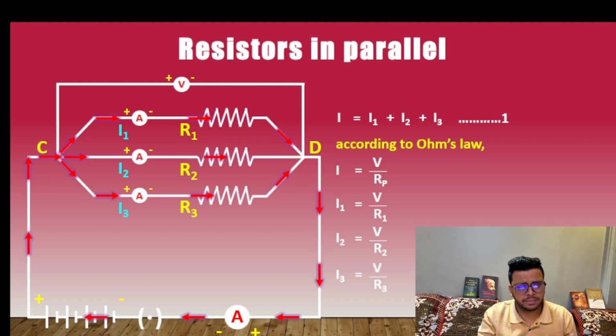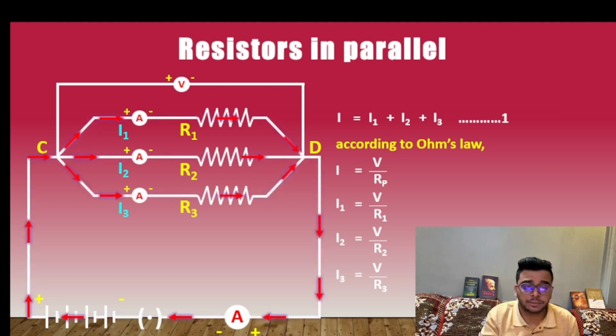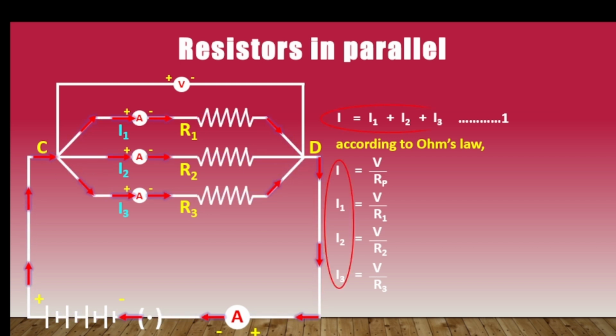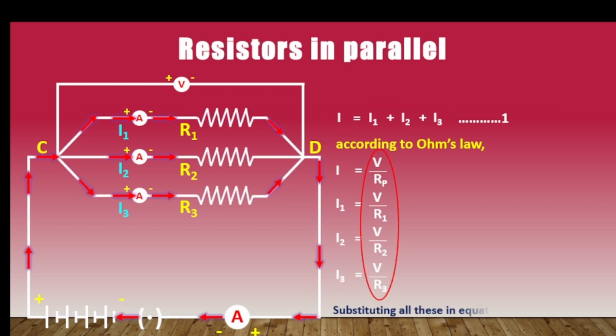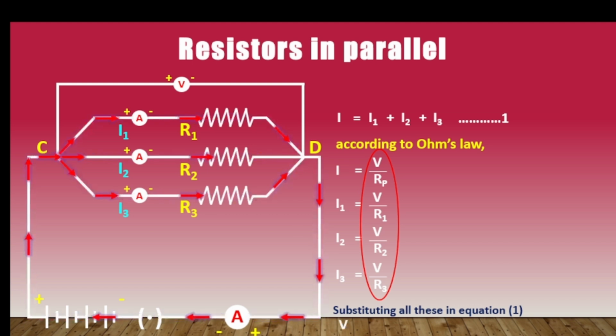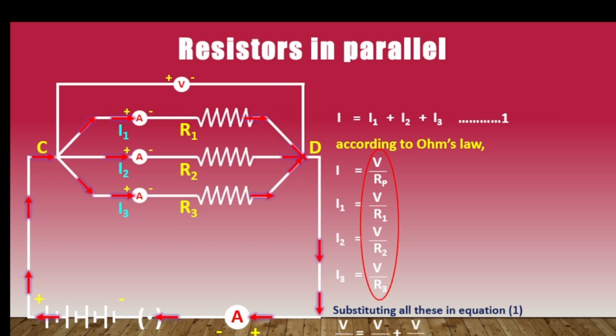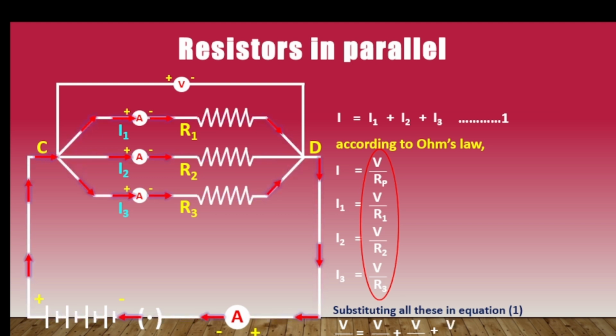Now same next steps, I will substitute these values in equation number 1. If we substitute these values in equation number 1, we get V upon Rp equal to V upon R1 plus V upon R2 plus V upon R3.